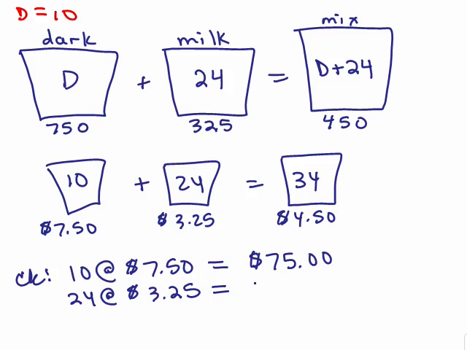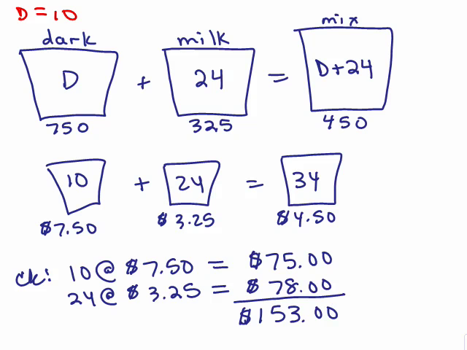Again, you can get out your calculator and you get $78. So if you bought the dark chocolate and the milk chocolate separately and mixed it together yourself, you would have paid $75 for the dark chocolate, $78 for the milk chocolate, and that is a total of $153, right?